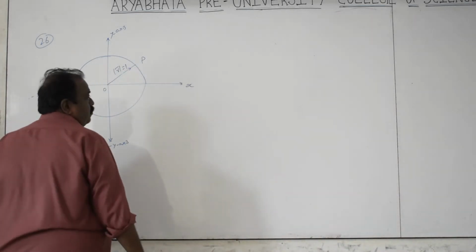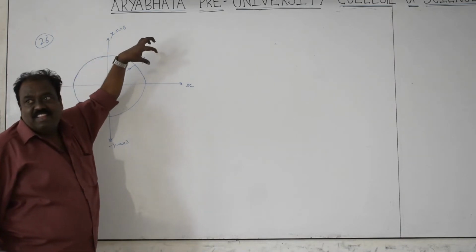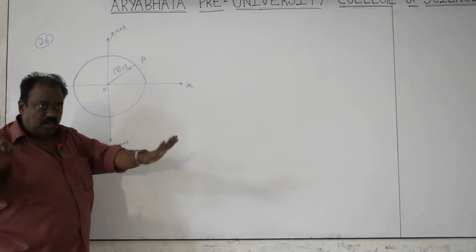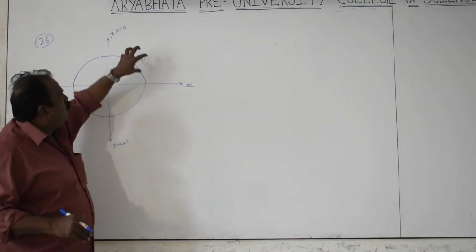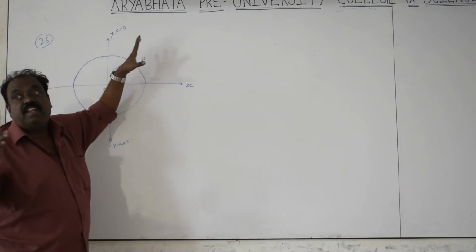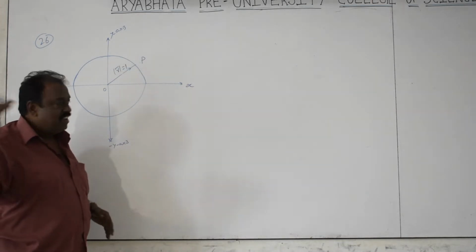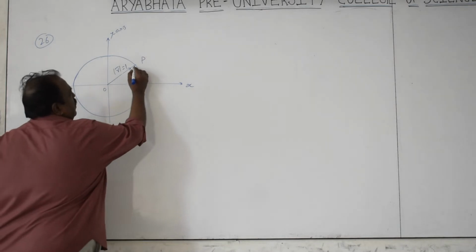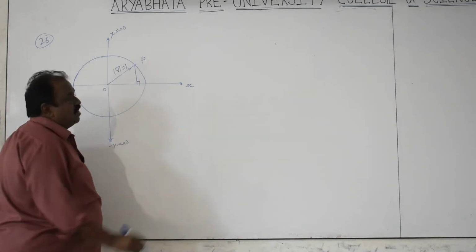Now, how can we find OP bar? Its length is 1 unit, we are assuming like that. But we need OP bar in the components. It is a fantastic concept. Here, I want to draw a perpendicular.